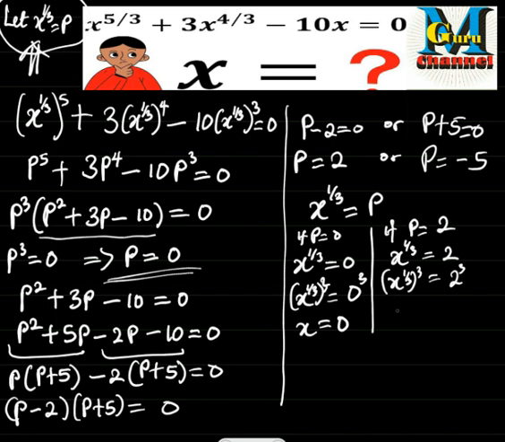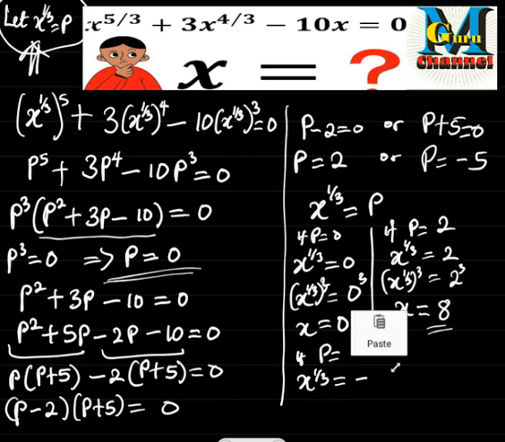And this will make x equal to 8. Then finally, if p is equal to negative 5, then x raised to the power of 1 over 3 is equal to negative 5.